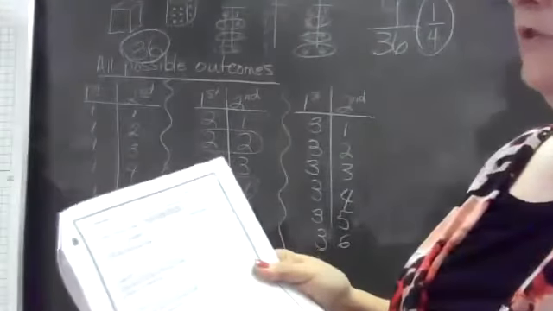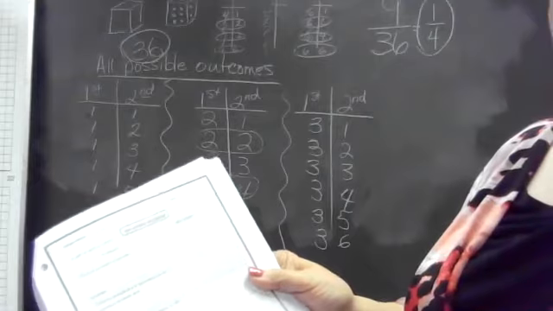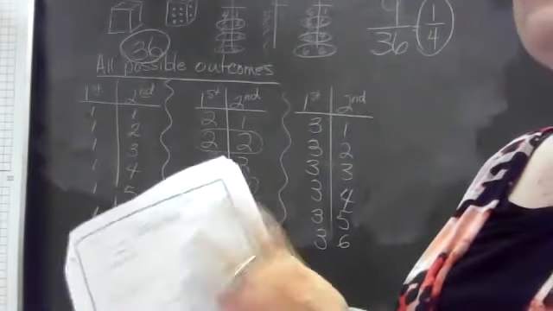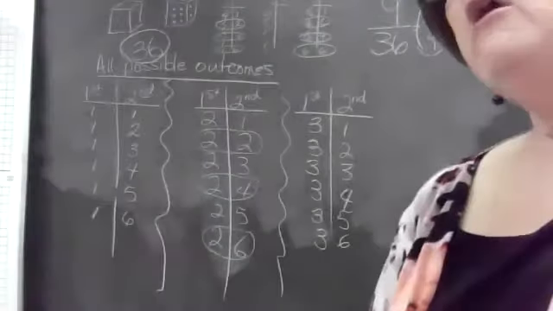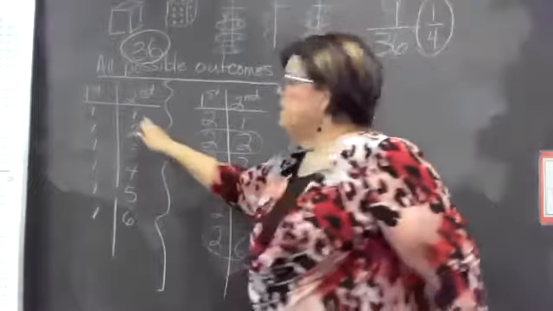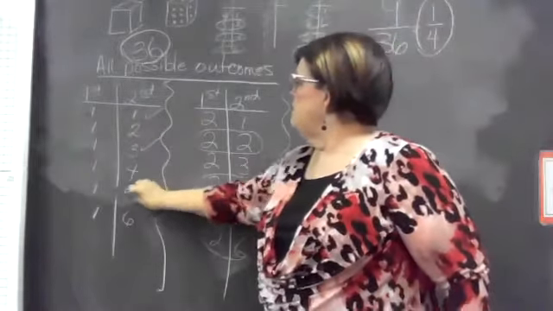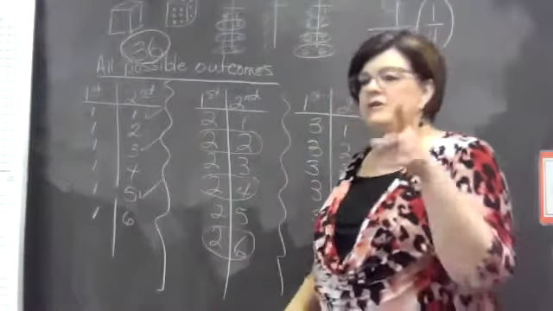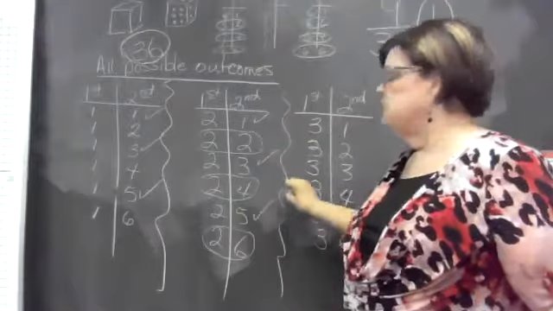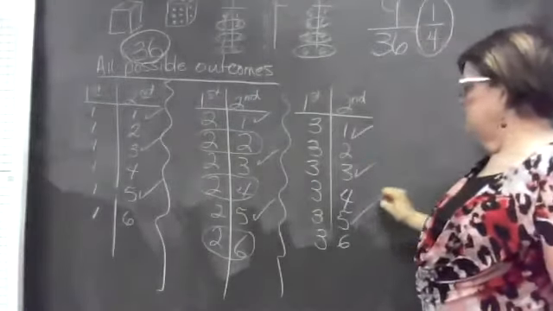The next one says the probability of showing an odd number on the second die. So all we're going to do is look at the second one and count all the odd numbers. Is this odd? Yes. Odd, odd. Only on the second number is what they're asking. So here's 1, here's 1, here's 1.